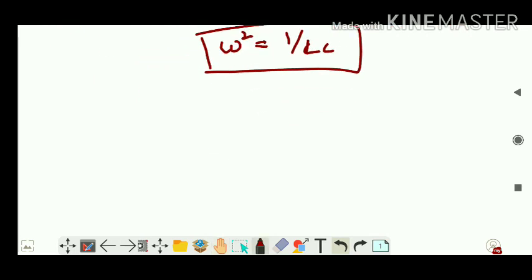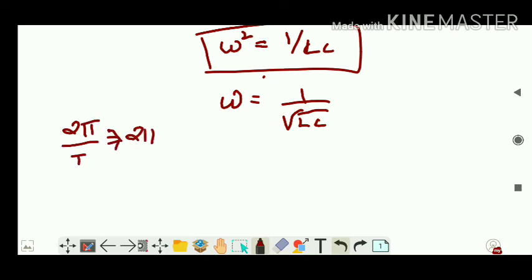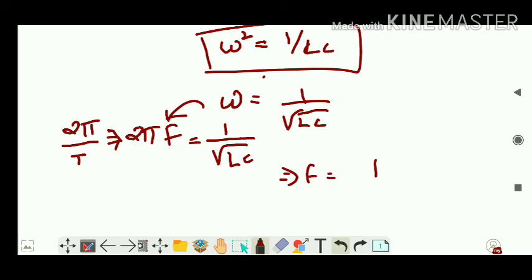Now both equations are similar, and we have talked about LC oscillation and drew this circuit. We wrote this equation. So can't I write omega is equal to 1 by root LC? Now what is omega? It is 2 pi by T, or 2 pi f. So 2 pi f is equal to 1 by root LC, or I can write f is equal to 1 by 2 pi root LC.